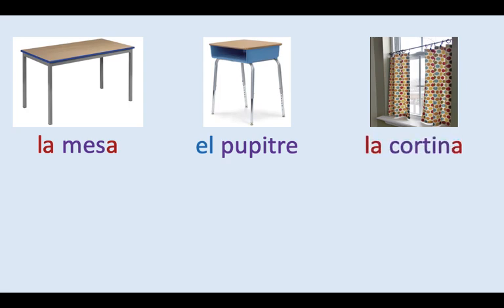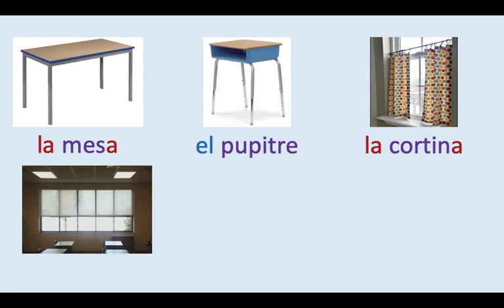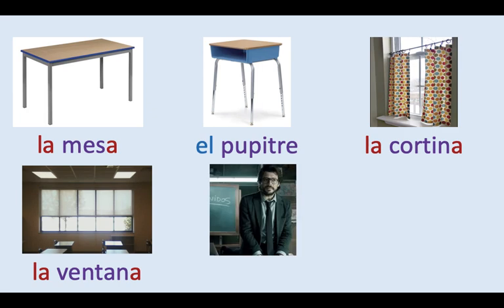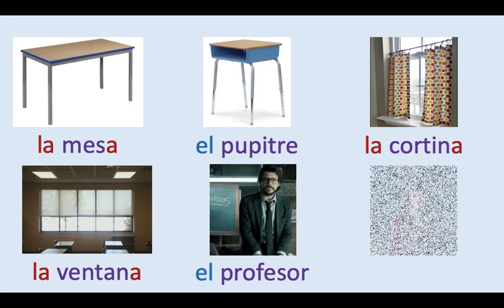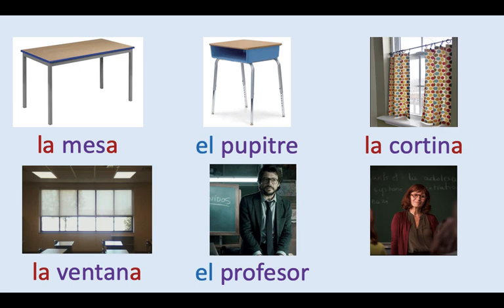Repita la cortina. ¿Cómo se dice window? Think of the clue, the vent. Repita la ventana. ¿Cómo se dice male teacher? Repita el profesor. And female teacher. Repita la profesora.